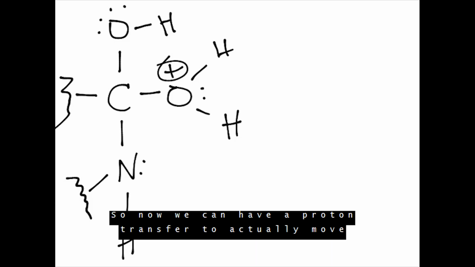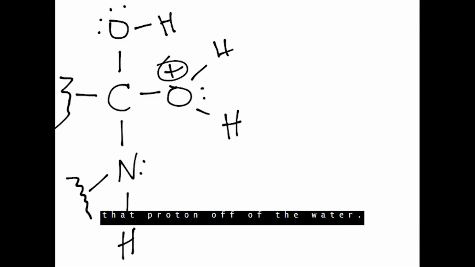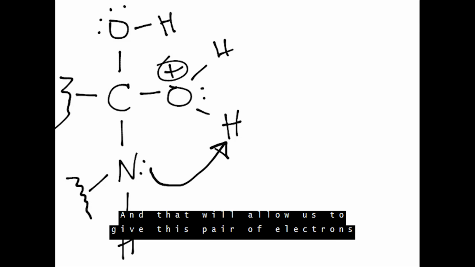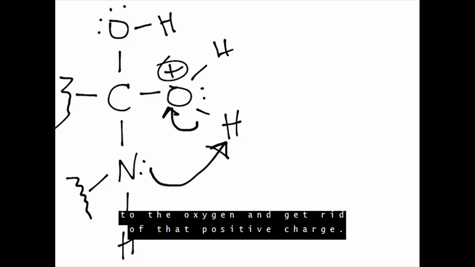So now we can have a proton transfer to actually move that proton off of the water. So we'll have the lone pair of electrons from this nitrogen atom right here. And that will allow us to give this pair of electrons to the oxygen and get rid of that positive charge.